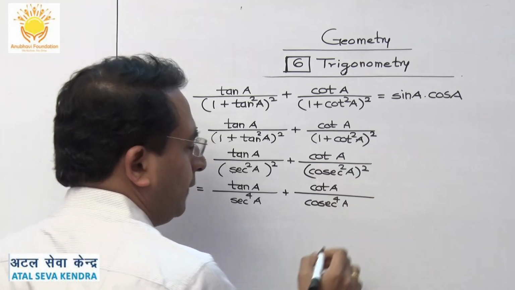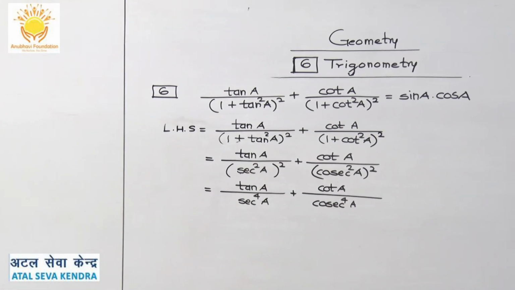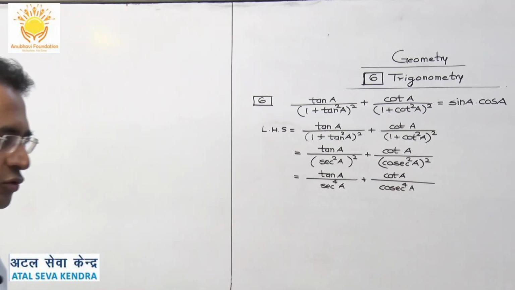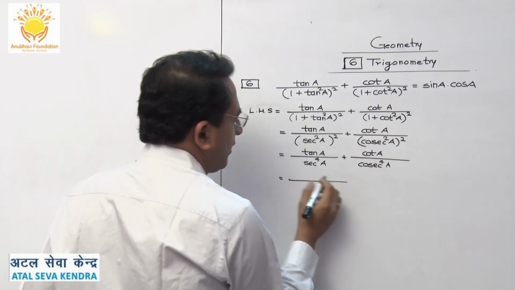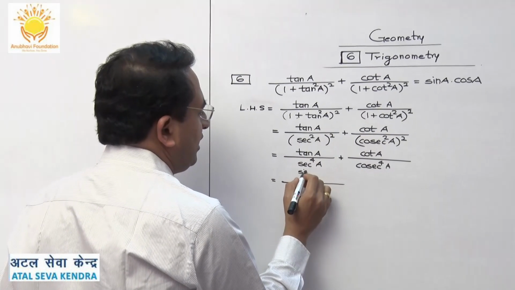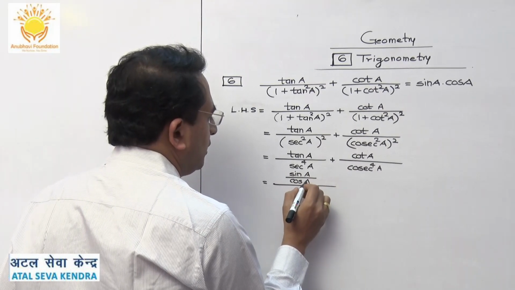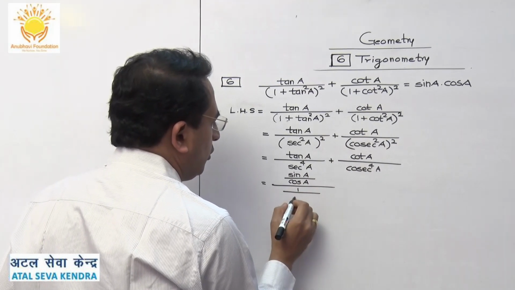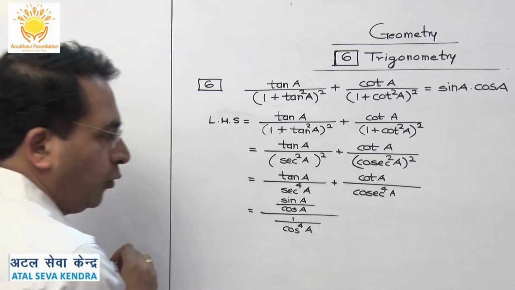Now I realize that what we want on the other side is in terms of sine and cos only. So let us convert this. I am writing this formula as sine of A upon cos of A. And here it is 1 upon cos square, so it is going to come cos raised to 4.